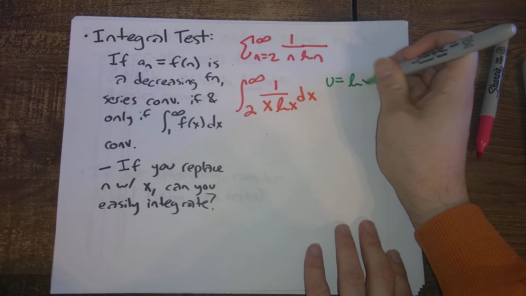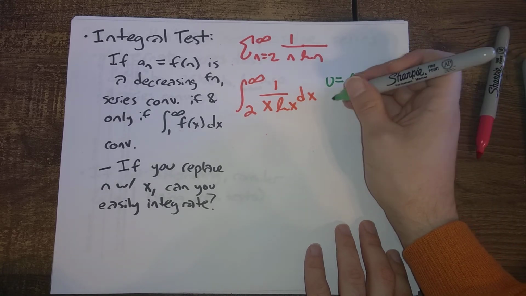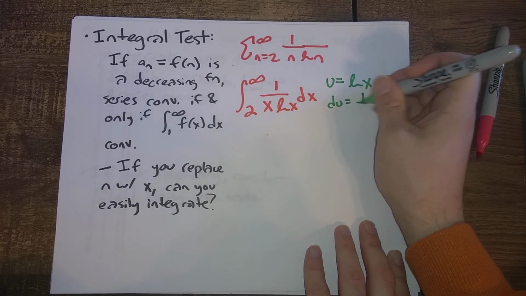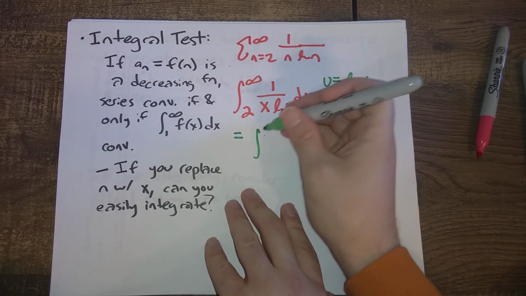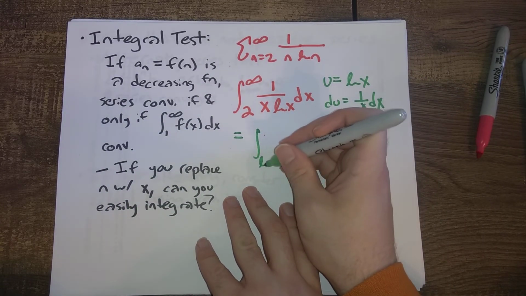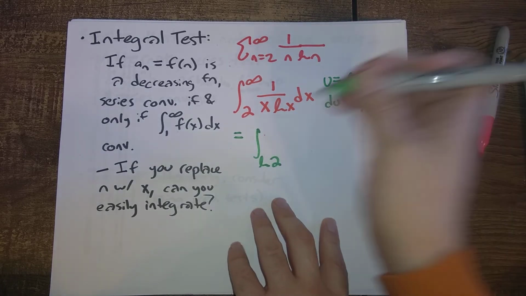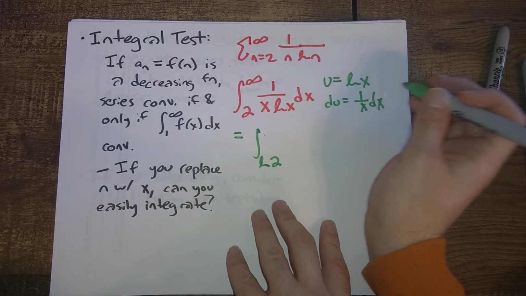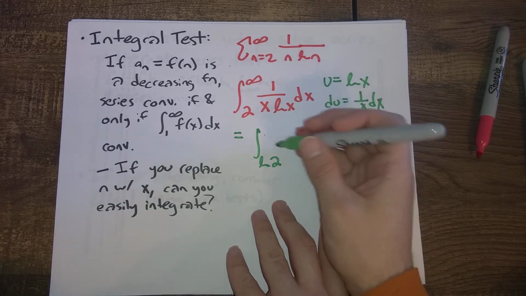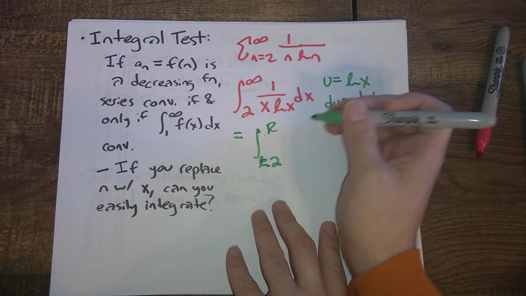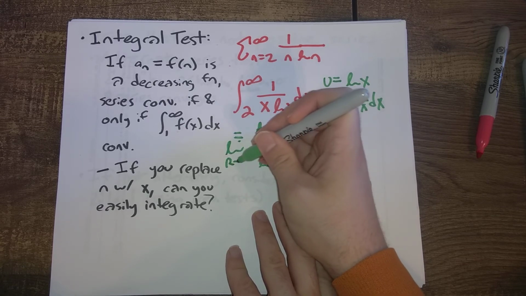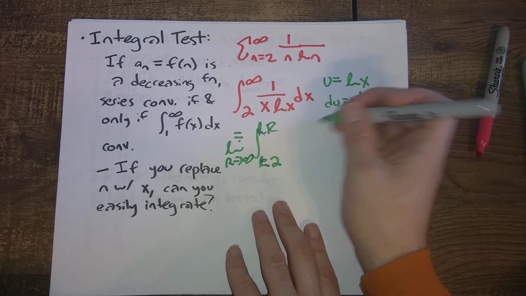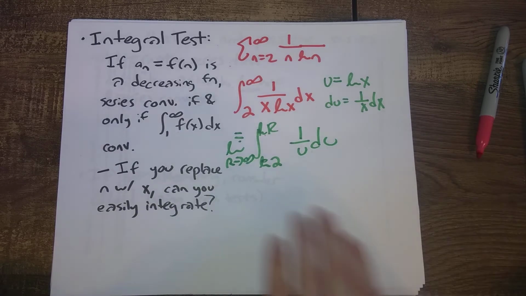u is equal to natural log of x, and du is equal to 1 over x dx. So this would be the integral from natural log of 2 to, I should be replacing this with an r here, and so I can get natural log of r, and say, the limit as r goes to infinity here of 1 over u du.